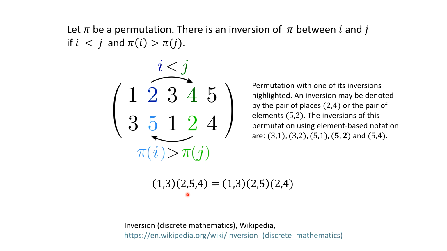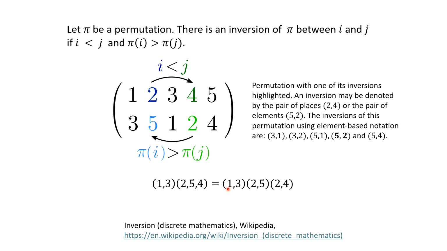So this notation is equivalent to this. But you can write this cycle here as 2, 5, 2, 4, and this product of two cycles of length 2 is equivalent to this. And a permutation can either be written as an even number of 2-cycles or an odd number of 2-cycles, not both ways.